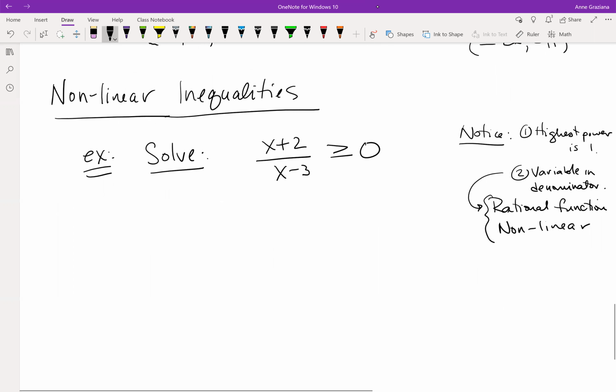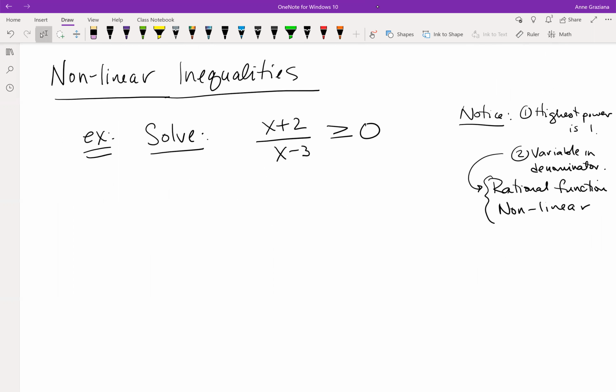Now, if we tried to solve this the way you do the linear ones, we run into trouble, okay? So let's just try to solve this the same way as a linear.